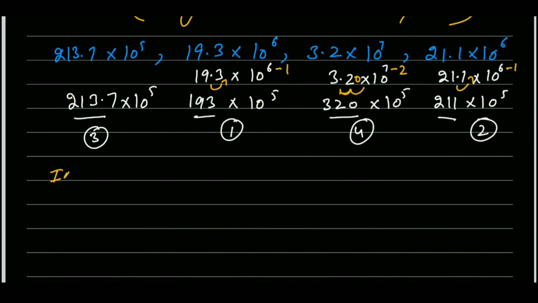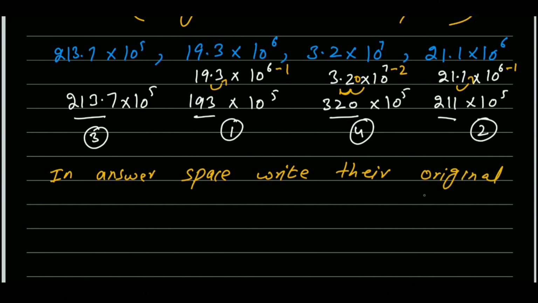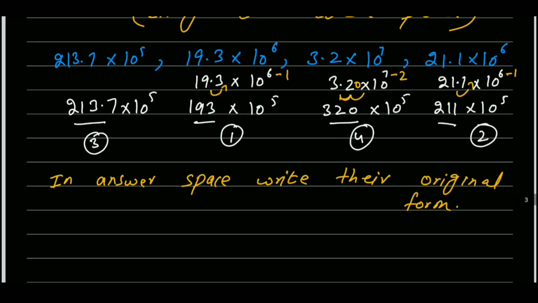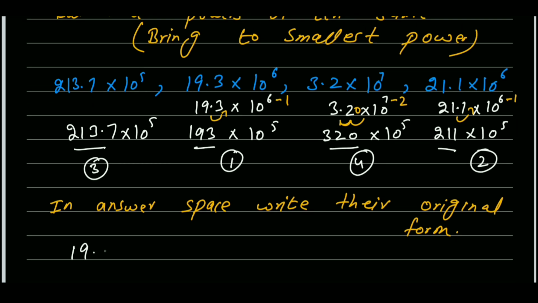But in the answer space, write them in their original form. So write 19.3 times 10 raised to power 6. Then second is 21.1 multiply 10 raised to power 6.